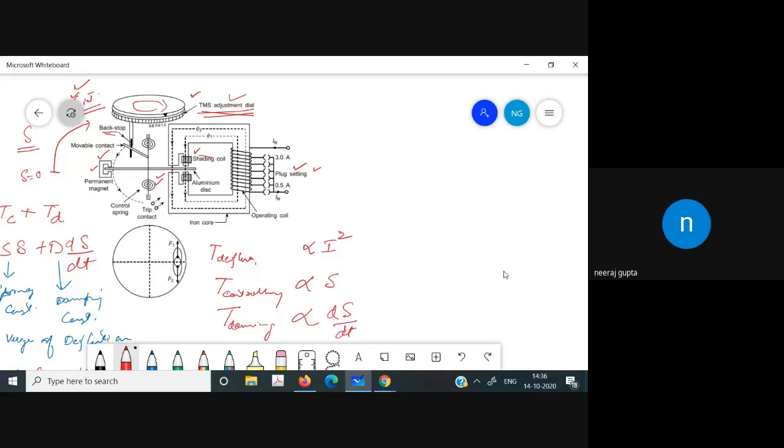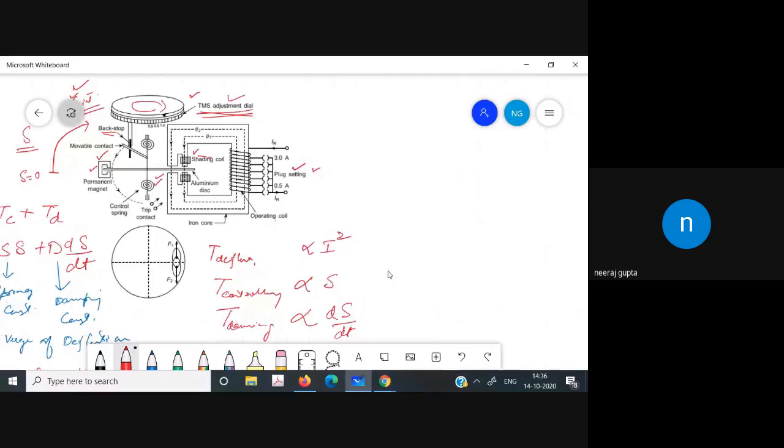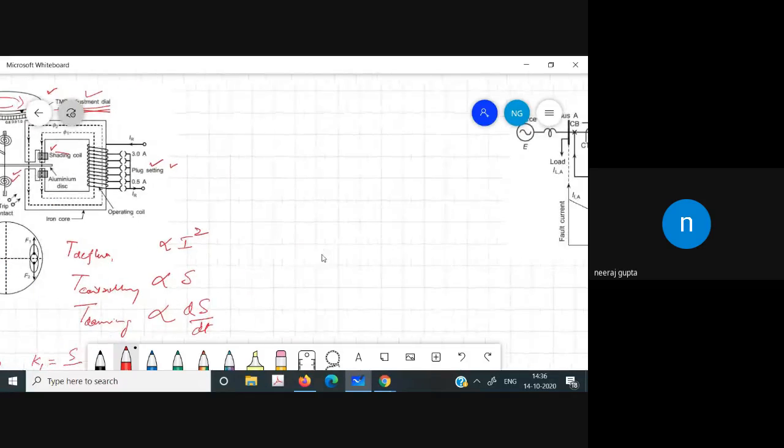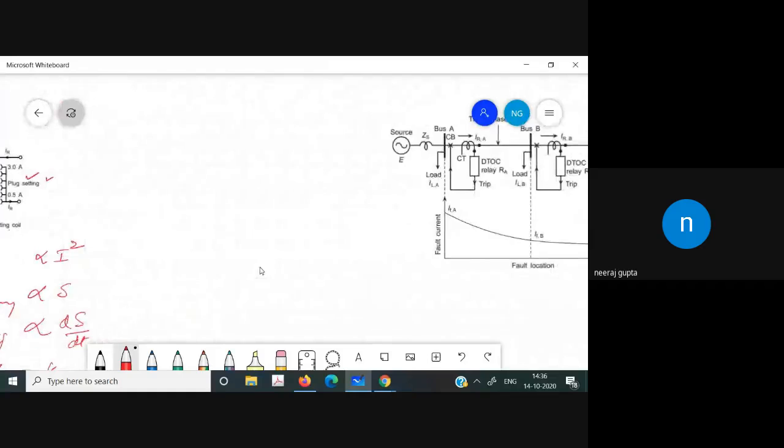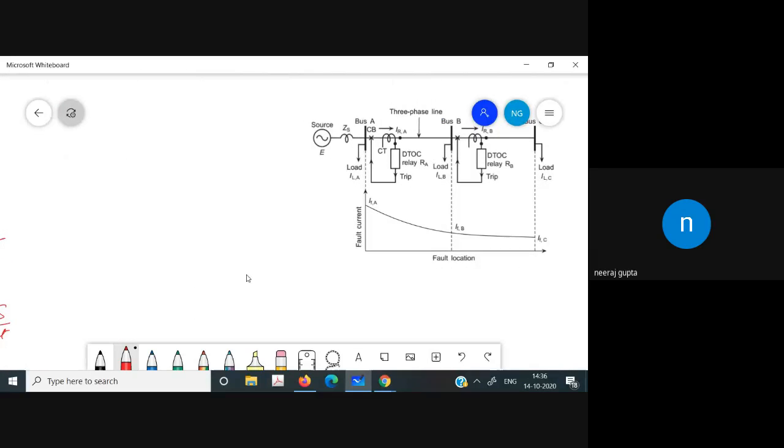Now, we have to discuss a small problem statement, and then we can find out the answer. This is a small diagram of a feeder.